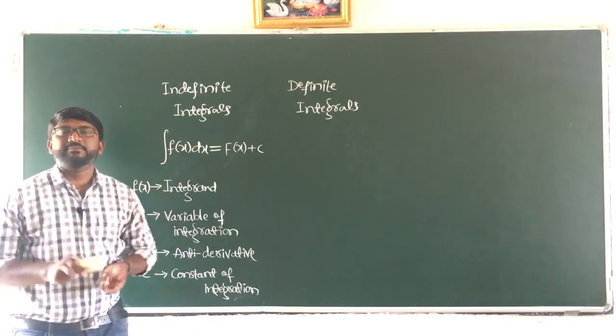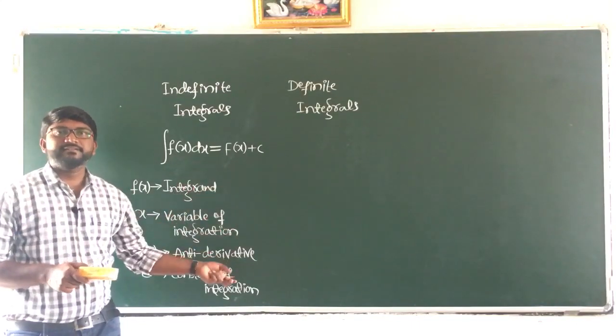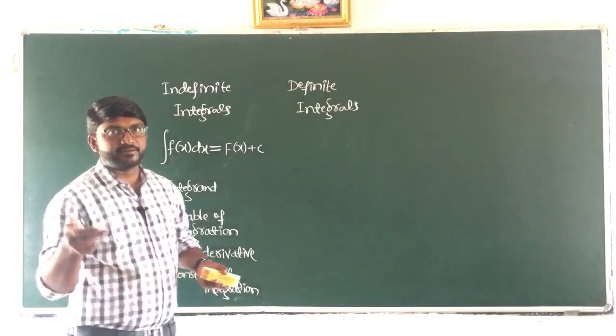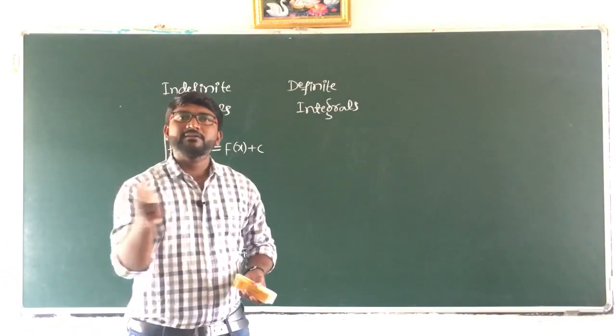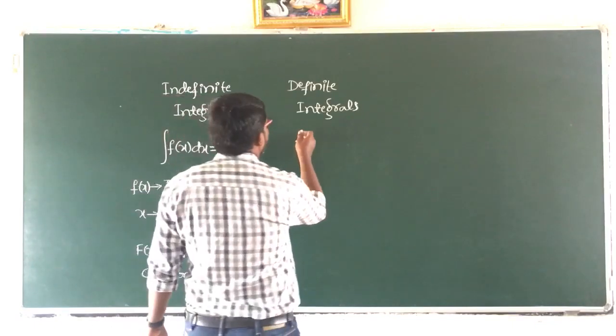In this chapter 7, up to 7.7 we are going to study indefinite integrals, and 7.8, 7.9, 7.10 and 7.11, all these exercises are related to definite integrals. Now see the definite integral here.